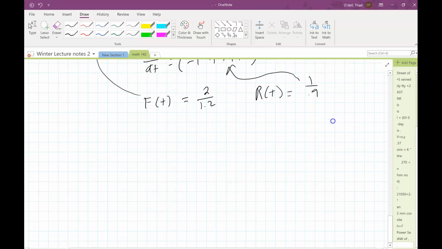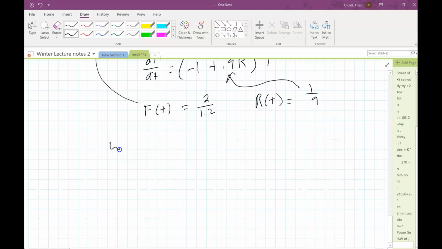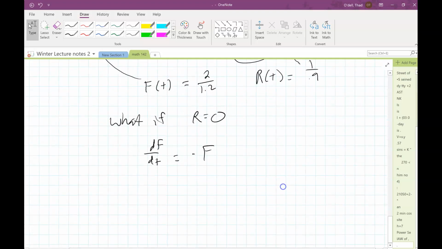We could also maybe look at this, what if r is equal to 0? Well, that would mean that df/dt is equal to negative f, and we talked about that. If there's no rabbits, then the fox population declines. And also, what if f equals 0?